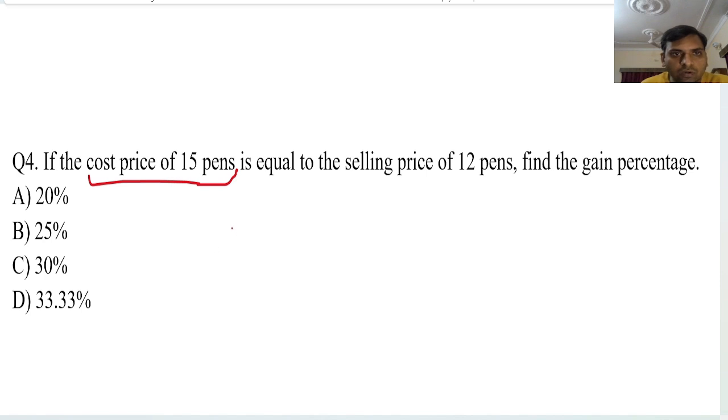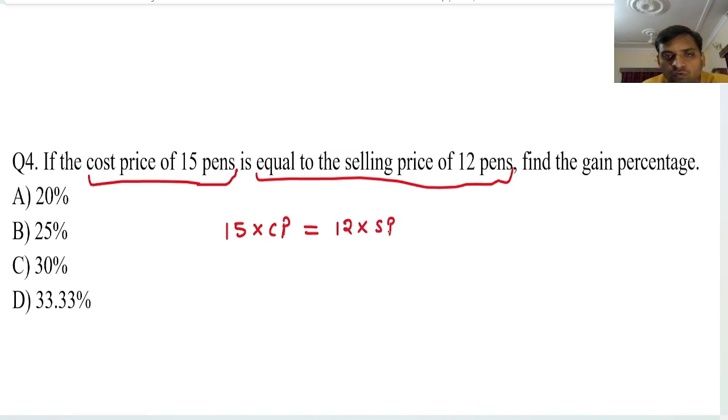So 15 into CP is the price for 15 pens, and this is equal to the selling price of 12 pens. Find the gain or loss percent. One pen selling price is SP, so 12 pens is 12 into SP.